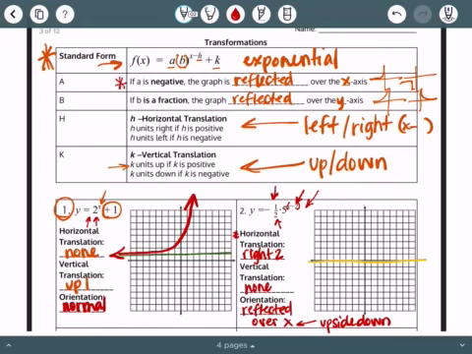All right, so my first point is to the right 2. So I'm moving in this direction too. And so I might put my first point right here and then graph out like that. So I can see that it's upside down and it's to the right 2. I can go ahead and check this with my Desmos, which is here.